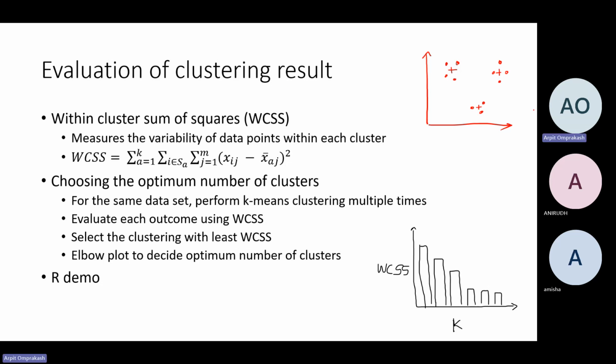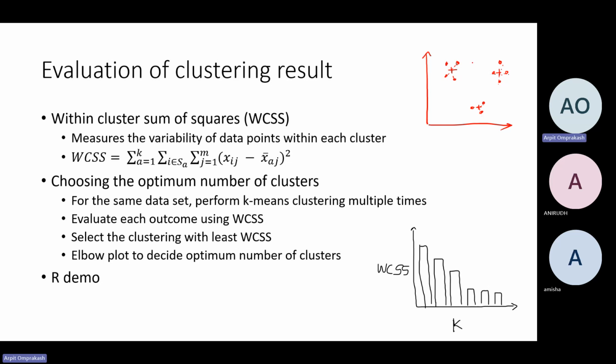Within cluster sum of squares is basically, for each of these centroids, or each of these centers of clusters, we calculate the distance from the points present in the cluster. So this distance, this distance, this distance, you calculate the distance, square it, and add it. You do the same for here. You calculate this distance, this distance, this distance, all four, square it, add it. Then again, these four distances, calculate, square it, add it.